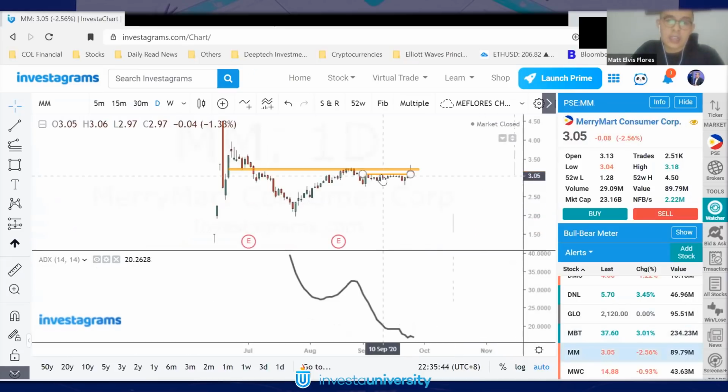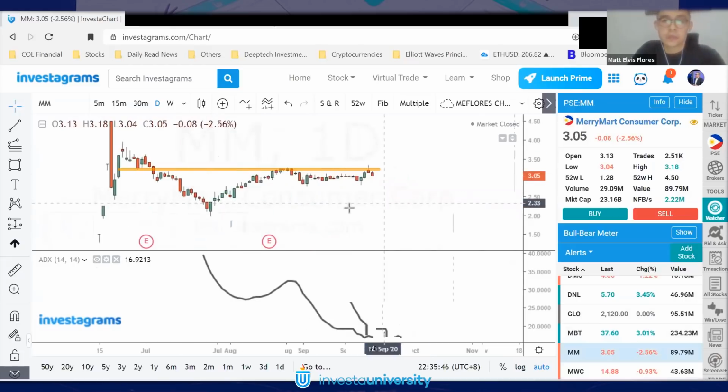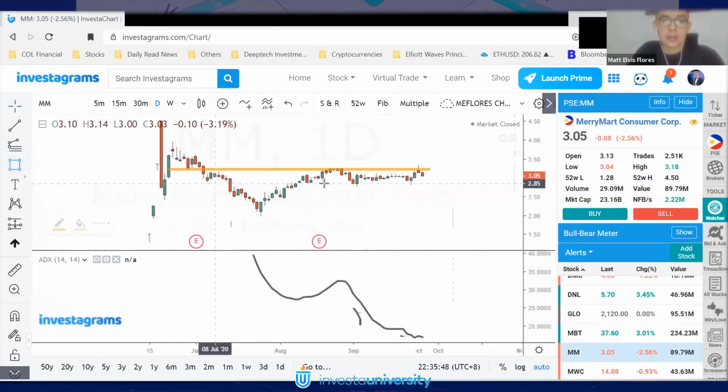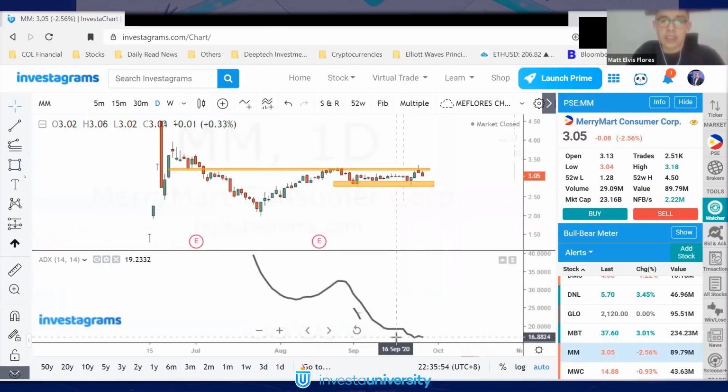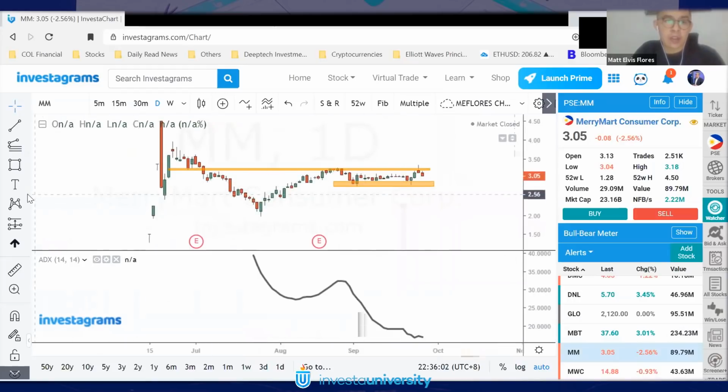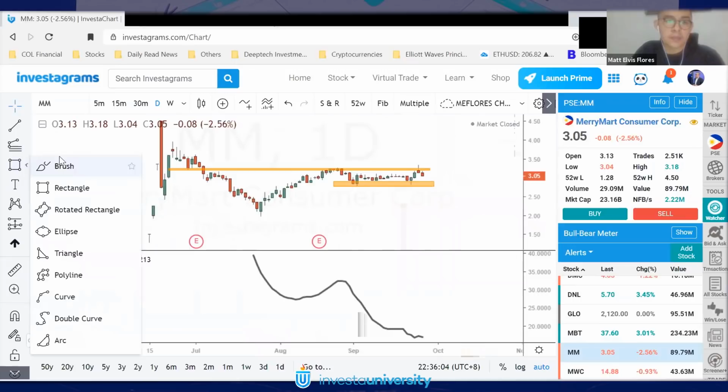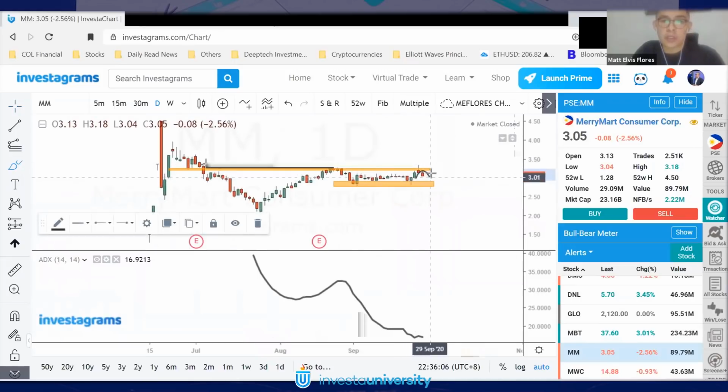Tingnan natin MM. See? Kaya hindi siya tumutuloy, oh. Hindi rin siya tumuloy. Because your ADX is still on the weaker level, still below 25 level. Usually, if yan nag-breakout na, ang mangyayari dyan, potential, starting to move that way, breakout, your ADX will start to move.